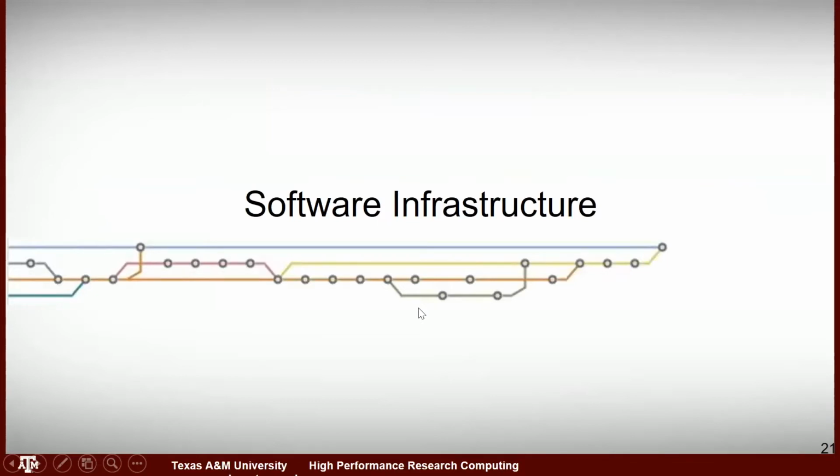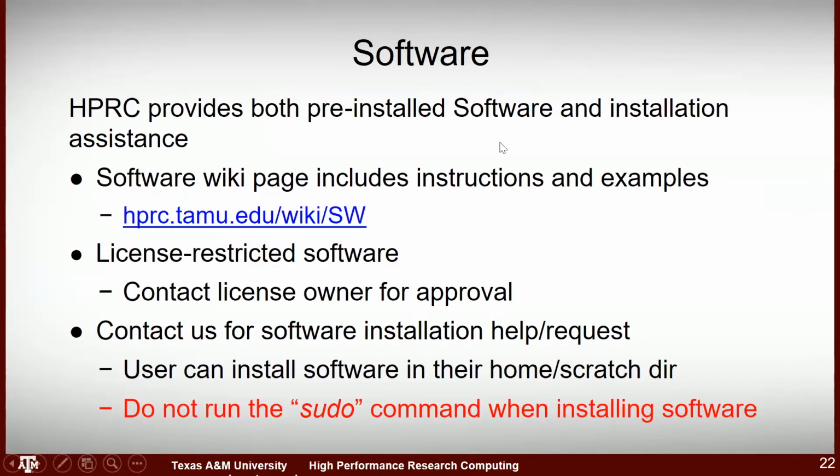Next, I'm going to talk about software infrastructure. On your personal computer, you can just install something, and it usually just works. The problem with a shared cluster is if everybody's installing their own things, then it's going to take up a huge amount of disk space, where it's the same thing owned by multiple people taking up redundant disk space.